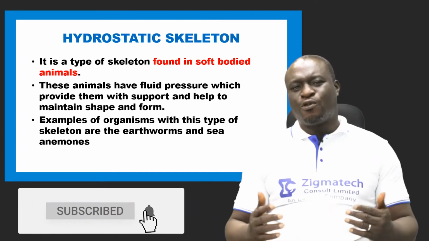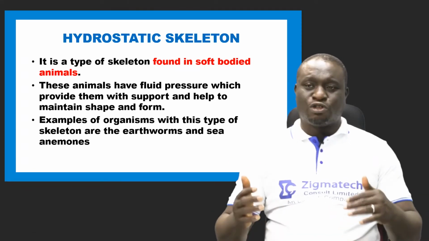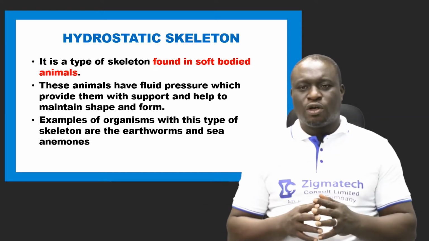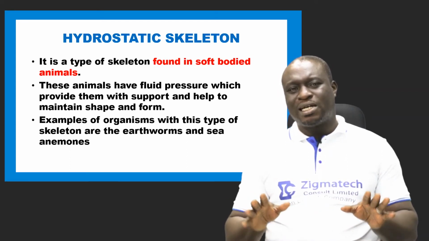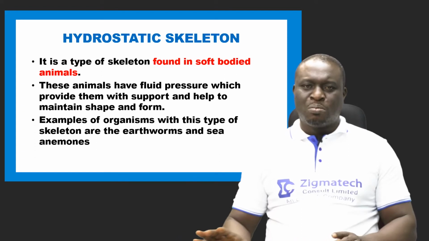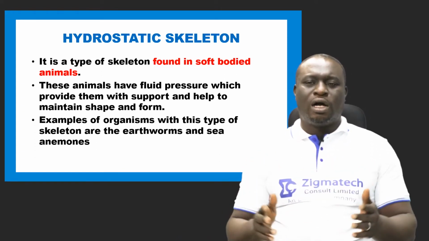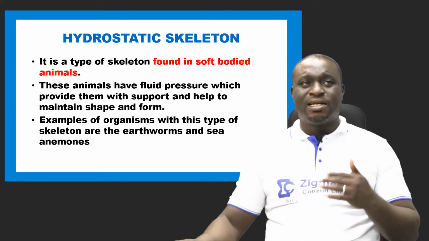Examples of organisms that possess hydrostatic skeletons include the earthworms. We also have the sea anemone and so many other echinodermata as well as coelenterata. Mostly the coelenterata, echinodermata and most of the worms possess hydrostatic skeletons.